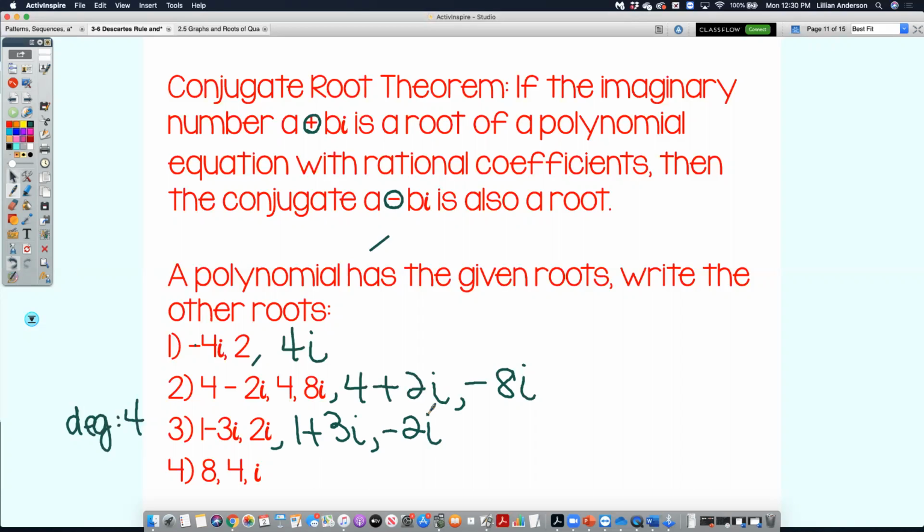Okay, so anytime you see an imaginary number or complex number, they always have a pair. This last one, this has a degree of what? It will have a degree of 4. 8 is a real number, it doesn't have a pair. 4 is a real number, it doesn't have a pair. I has a pair, what's the other one? Negative I.